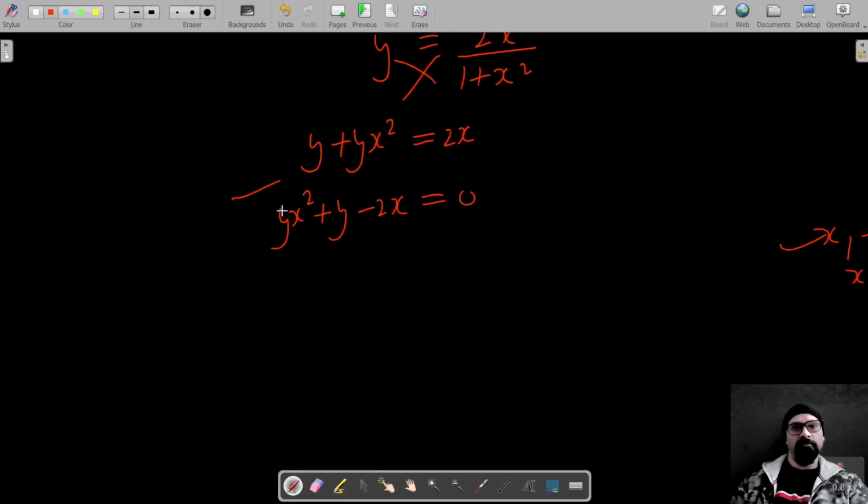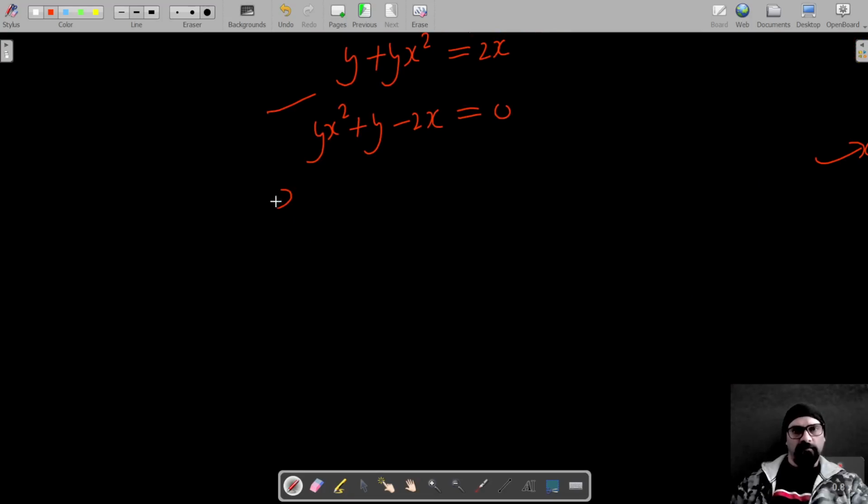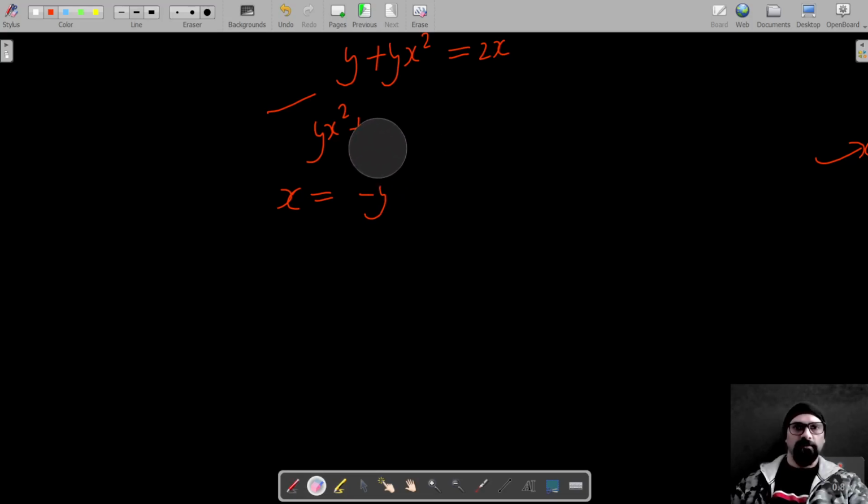This is a sort of quadratic equation, and we can find out the value of x. So our quadratic equation is yx square minus 2x plus y is equal to 0. Let's put this in the standard form.